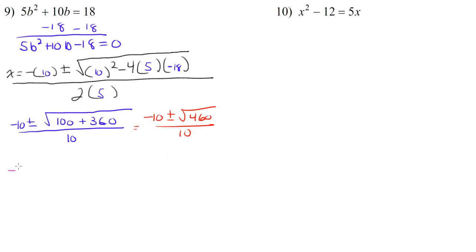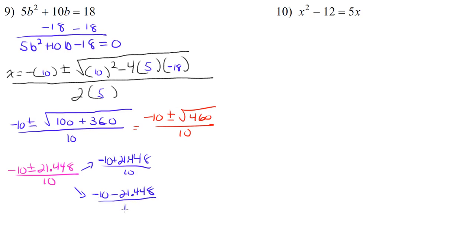So we have negative 10 plus or minus 21.448 divided by 10. So our two expressions are going to be negative 10 plus 21.448 over 10 and negative 10 minus 21.448 over 10.